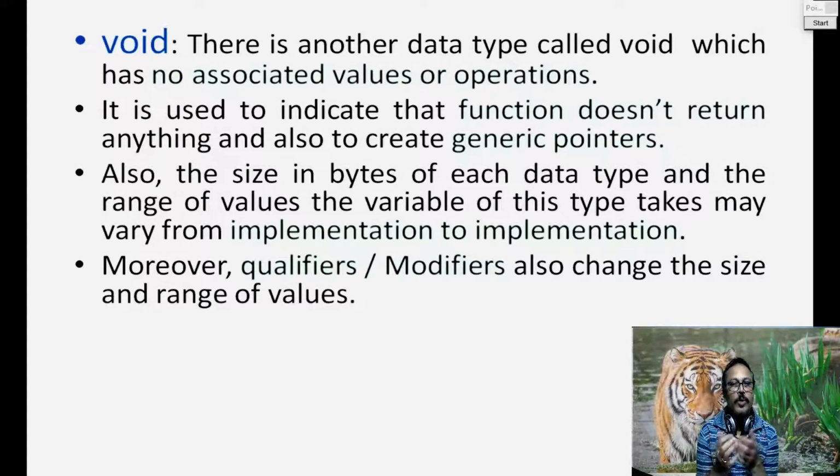Whenever you are programming, if necessary, you have to verify it. There is a way of verifying, we'll see it. Moreover, qualifiers or modifiers also change the size and range of values. What are the qualifiers? What are the modifiers? We'll see in the next slide.